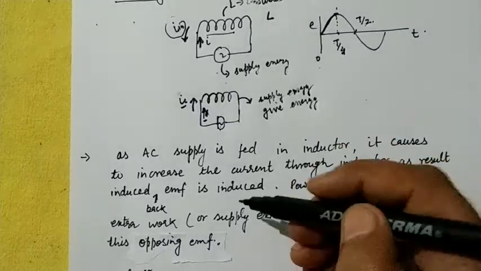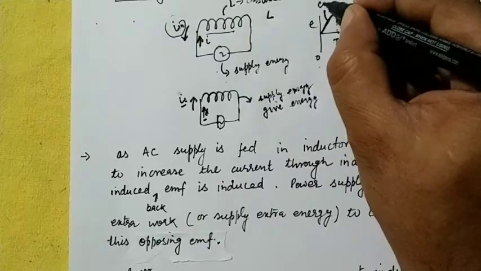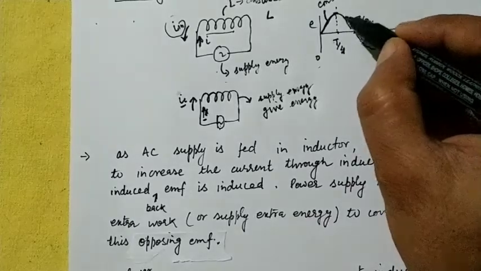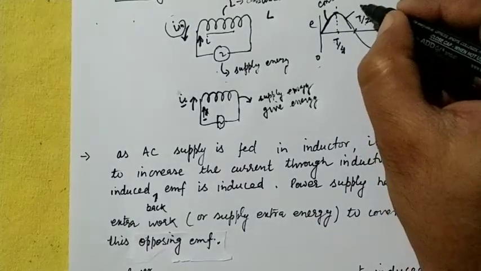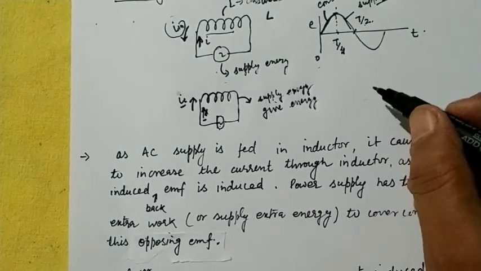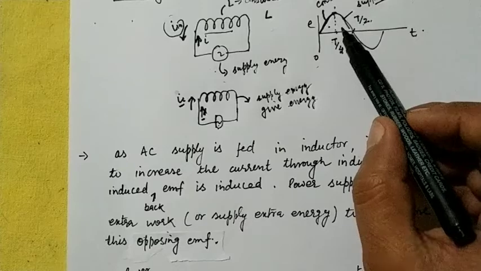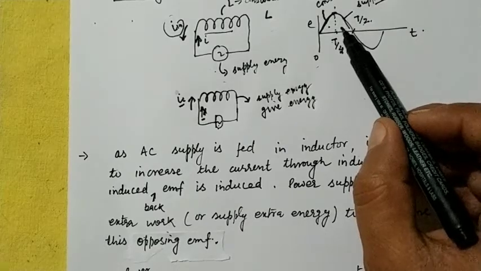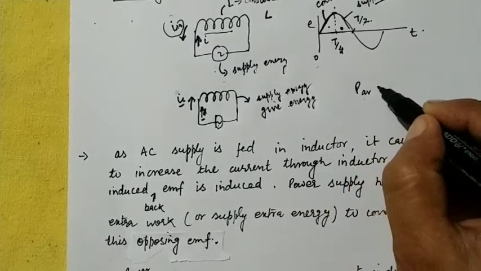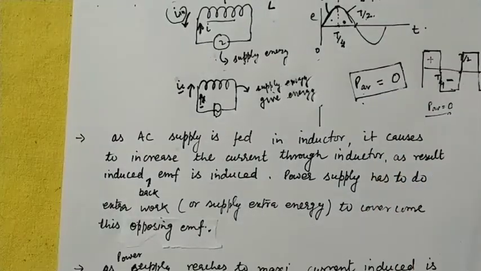So for this part of the power supply, the energy is consumed by the inductor, but for this part, energy is supplied or given to the electrical circuit. So for this cycle it consumes, and for this cycle it is supplying the energy. So if you take the total, the average power consumed by it will be equal to 0. Thanking you.